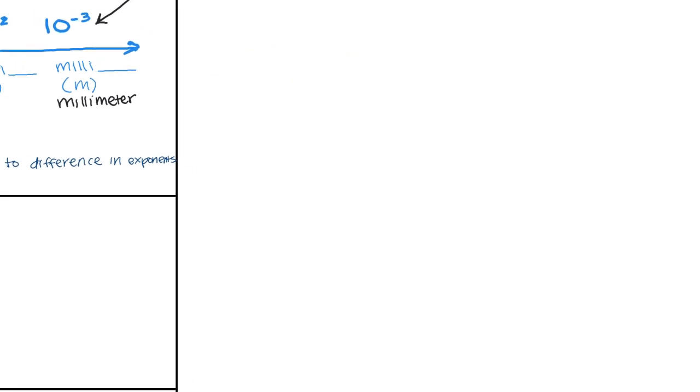For this example here, I want you to pretend that we are converting, let's say we're going from 5 meters to kilometers. So our first step is to determine if we are converting from a big unit to a small unit or a small unit to a big unit.